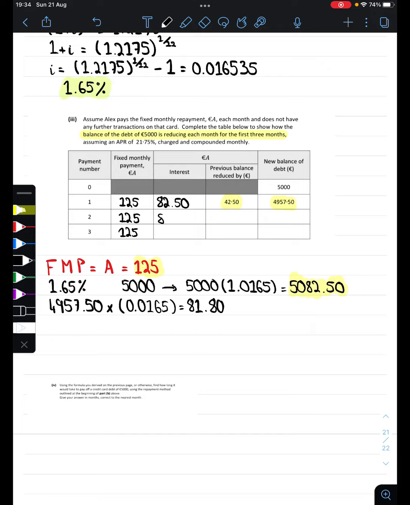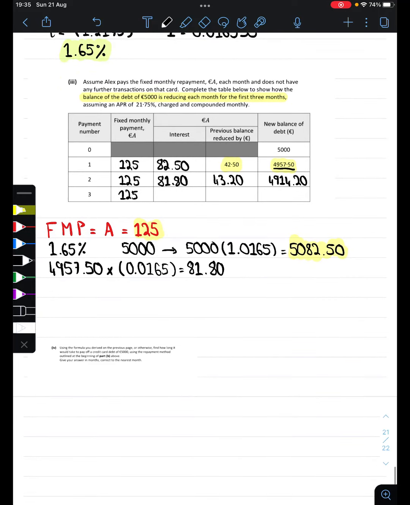So the interest now is 81.80, and so the balance is reduced by 125 minus 81.80, which is 43.20. And so now the 4,957.50 is reduced by 43.20. So now it's 4,914.20.